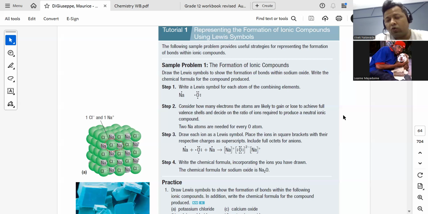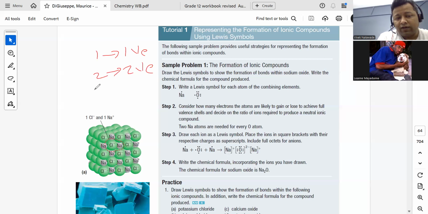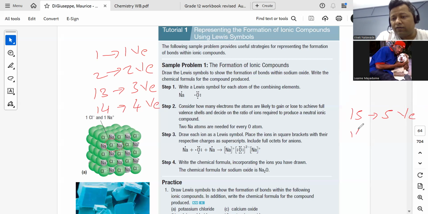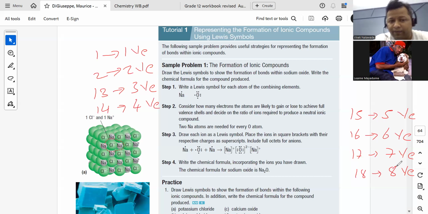You ignore group 3 to group 12 because those are the transition elements. So 13 has three valence electrons, 14 has four, 15 has five, 16 has six, 17 has seven, and 18 has eight valence electrons. So the group number will help us understand how many valence electrons are present, which will help us draw the Lewis structure.